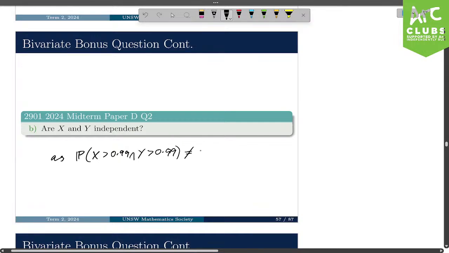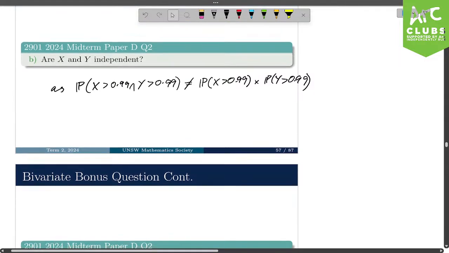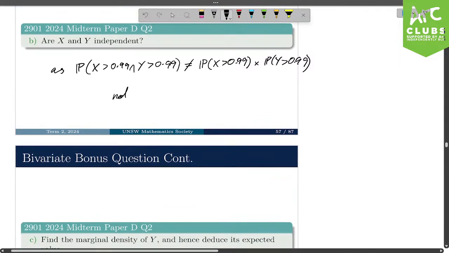This is not going to be equal to the probability of x being greater than 0.99 times the probability of y being greater than 0.99. And it's quite simple enough. We move forwards.